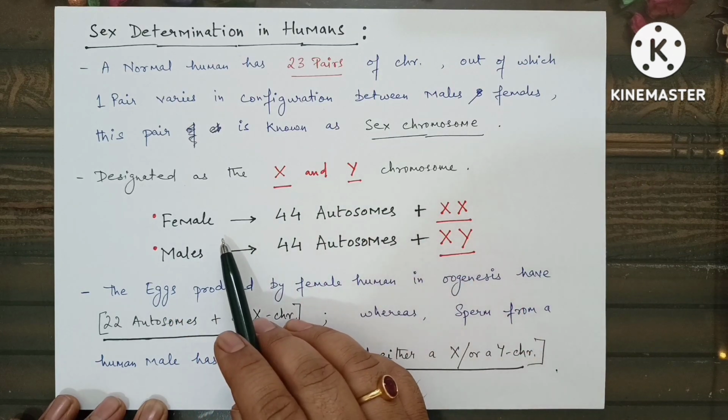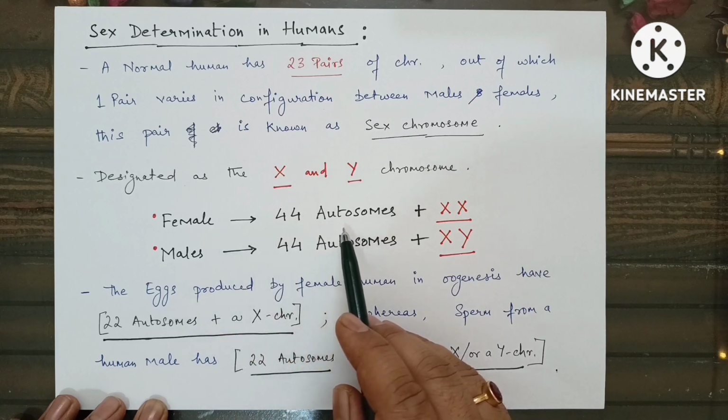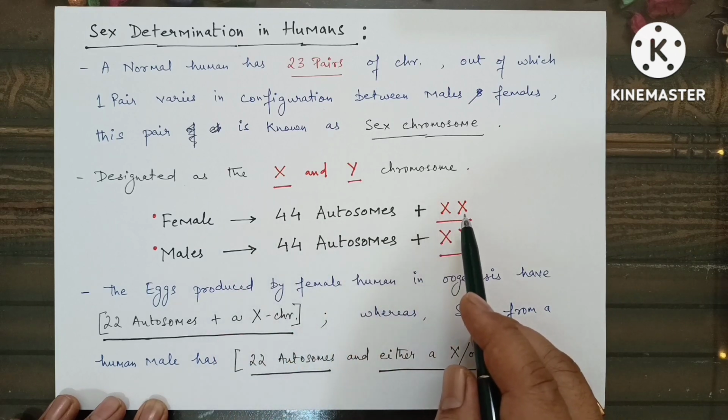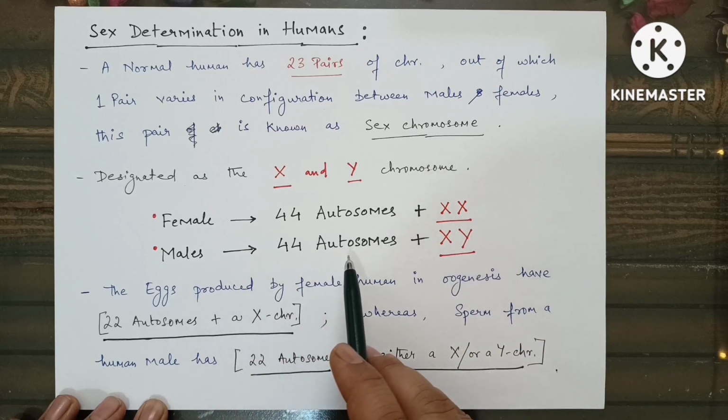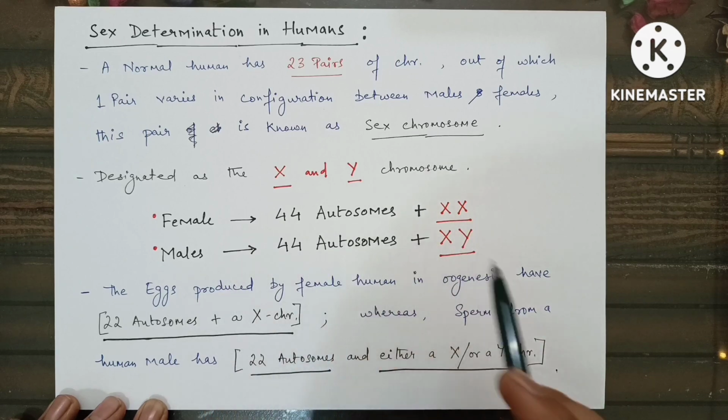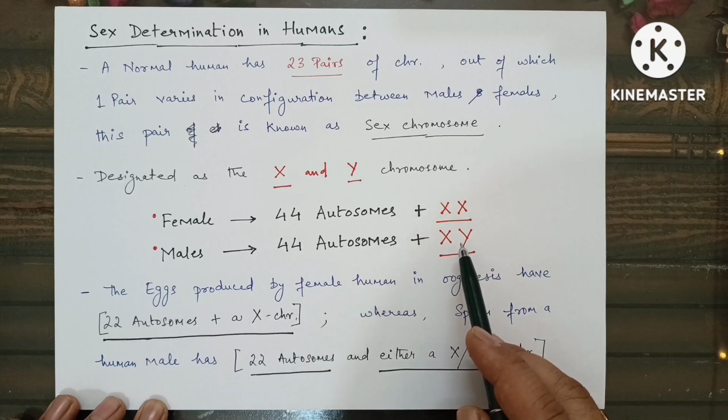The human female has 44 autosomes and 2 X chromosomes, and the human male has 44 autosomes and 1 X and a Y chromosome.